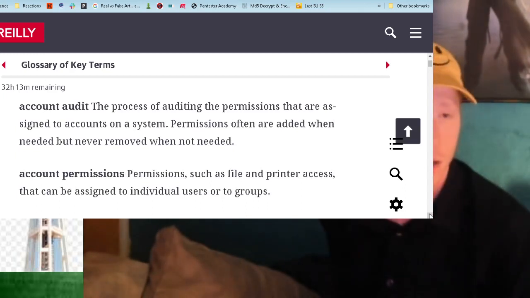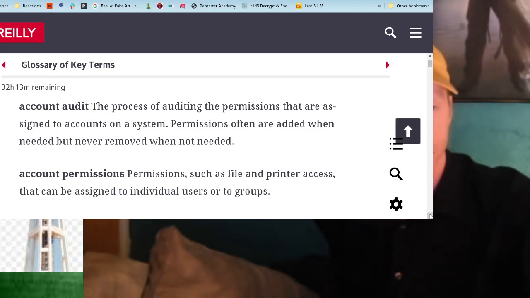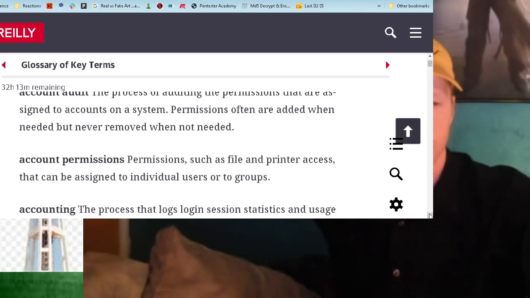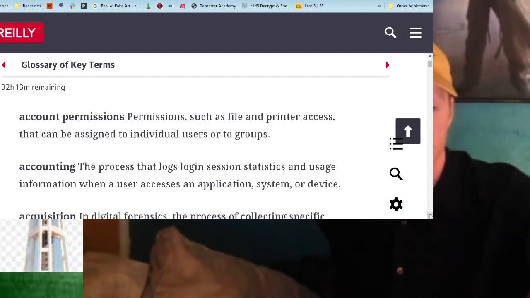The account audit is the process of auditing the permissions that are assigned to accounts on a system. Permissions often are added when needed, but never removed when not needed. That's just often the case. Account permissions: permissions such as file and printer access that can be assigned to individual users or to groups.